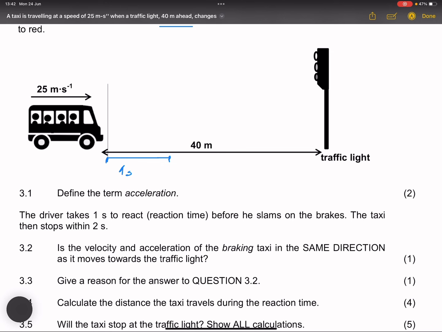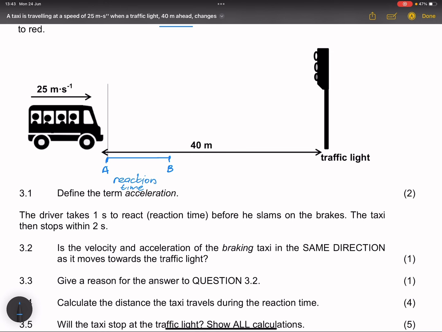So essentially, he's going to start applying brakes. Now, if you don't mind, let me call this A. Let me call this B. So from A to B, our taxi, for that 1 second, this is the reaction time, was actually still moving at 25 meters per second.